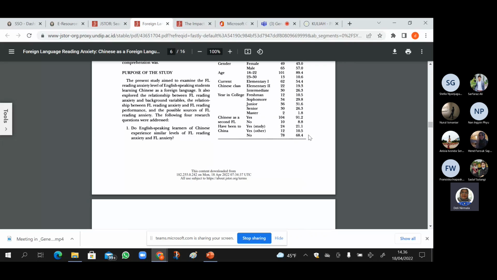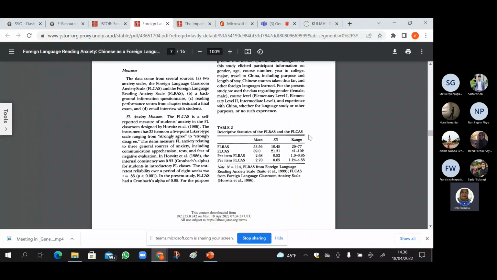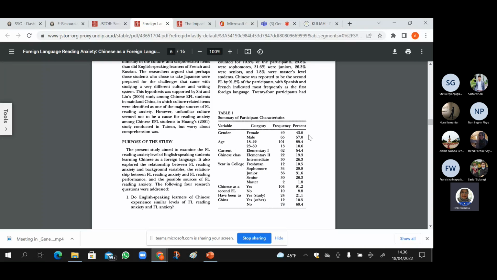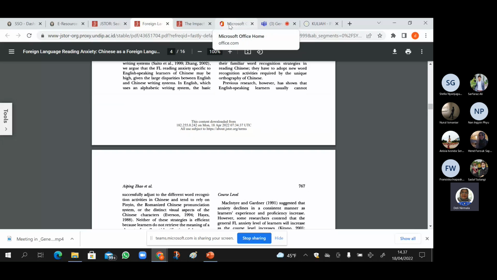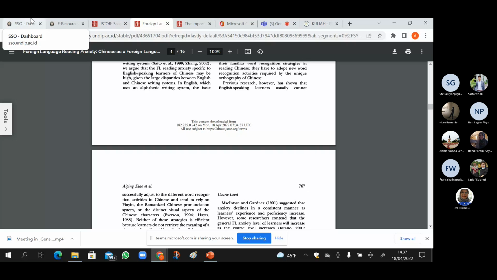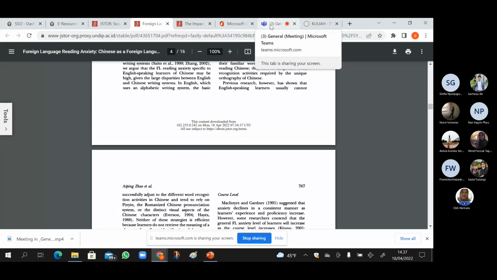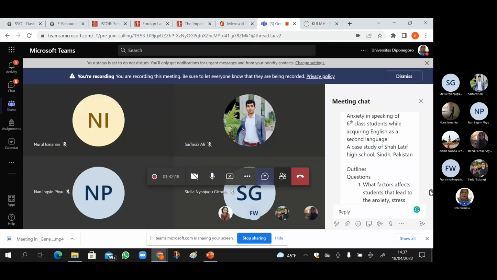Yeah. So when we are choosing a topic, we have to browse a lot of articles, books, in order to understand the topic well. So what are you going to investigate? Anxiety in speaking, the level of the anxiety, meaning that you have to measure the anxiety or the factors.